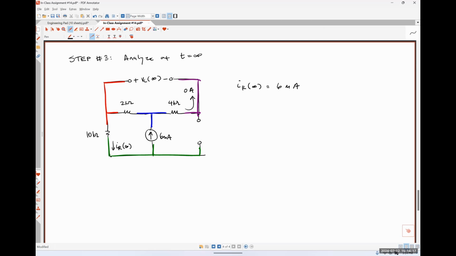Because we have an open circuit up here. We also have an open circuit down here. So there's no current flowing through the 4 kilo ohm resistor at all. So what's the voltage drop across the 4 kilo ohm resistor? Also 0. Yep. So the 4 kilo ohm resistor doesn't really do anything. So we could get rid of it and just treat it like it was a short circuit because there's no voltage drop across it.